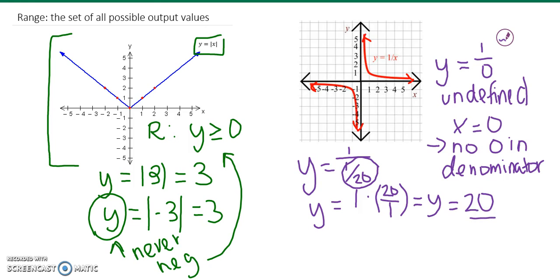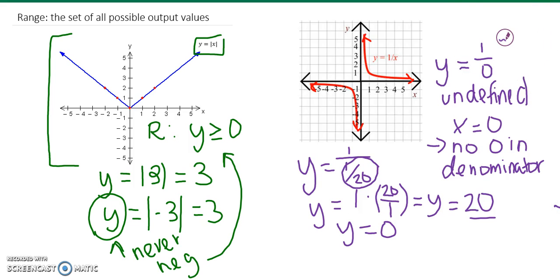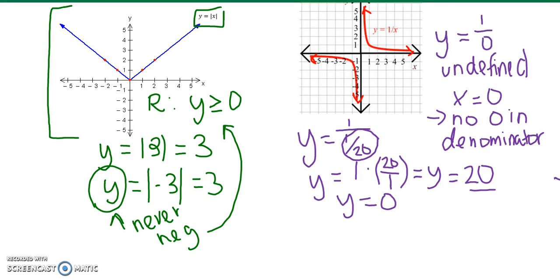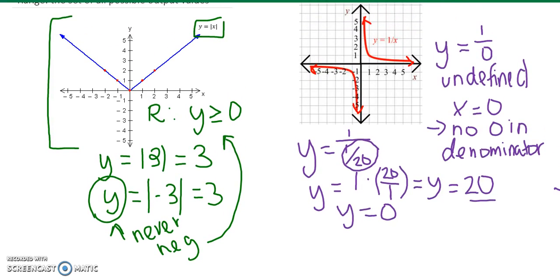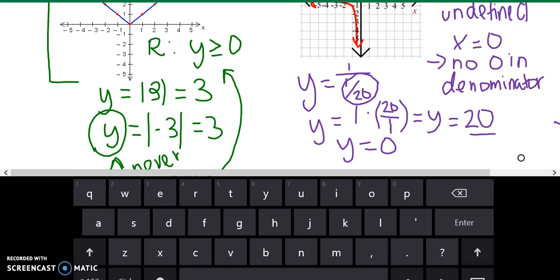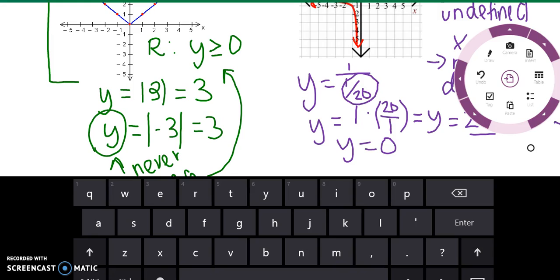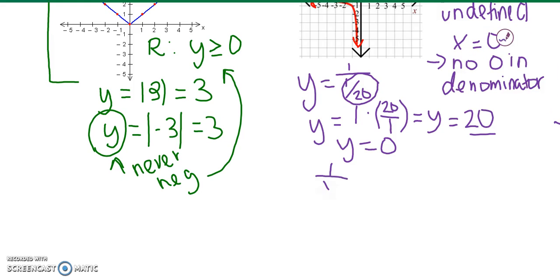Now, let's solve for when y will equal 0. We can rewrite our function as follows. 1 over x equals 0.